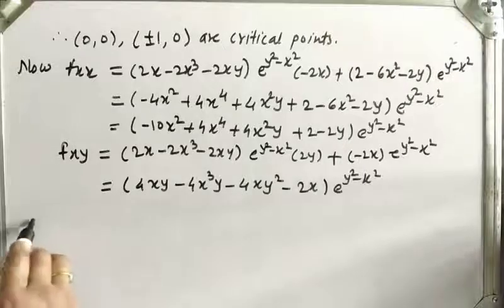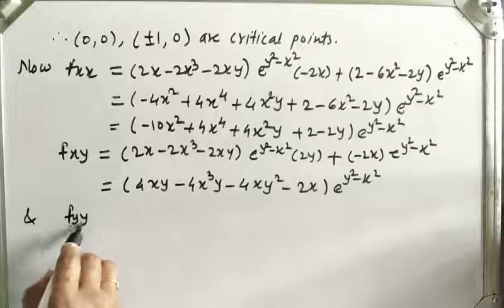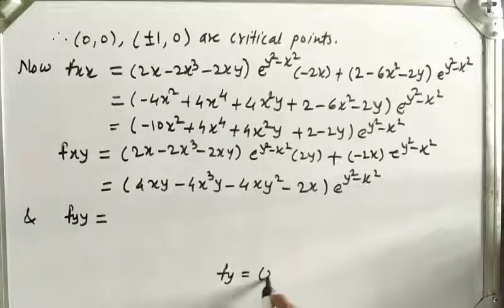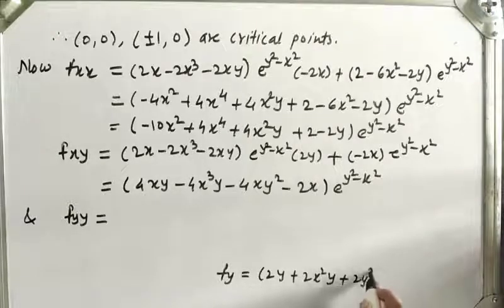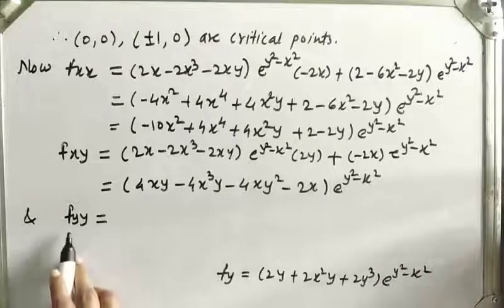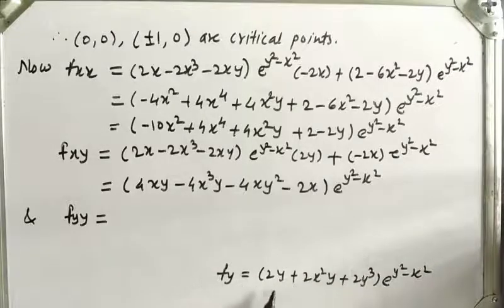Then fyy. What was our fy? Our fy was (2y + 2x²y + 2y³) e^(y² − x²). So fyy means the partial derivative of fy with respect to y. Use the u into v rule.